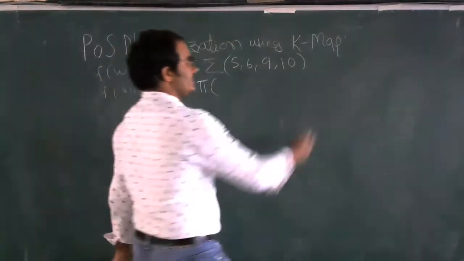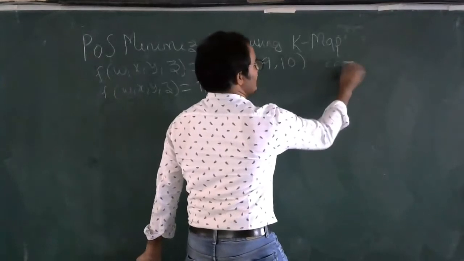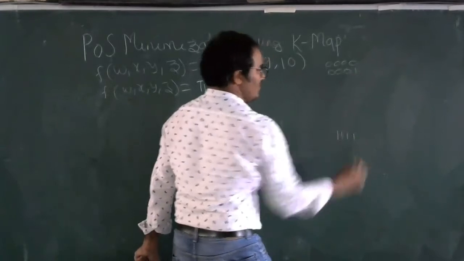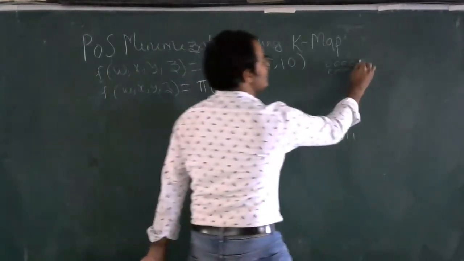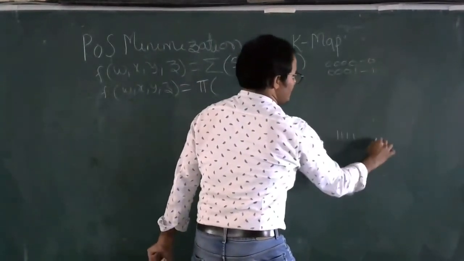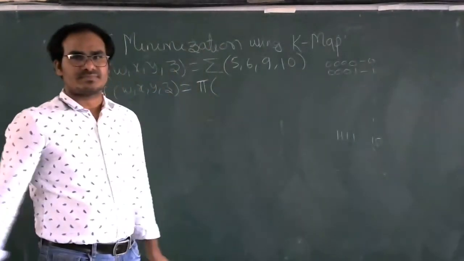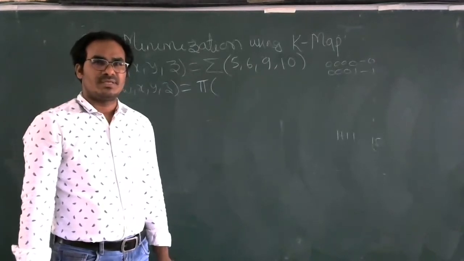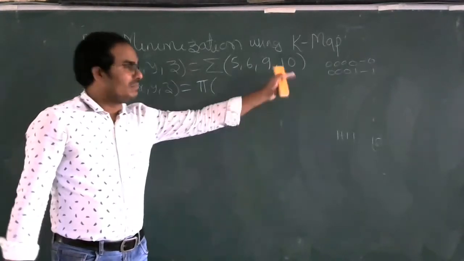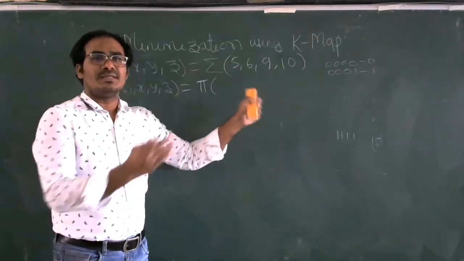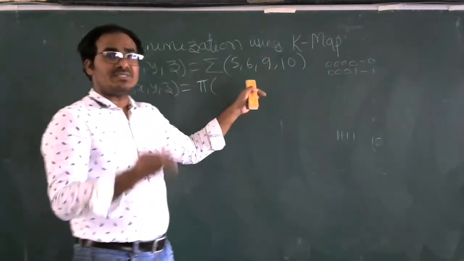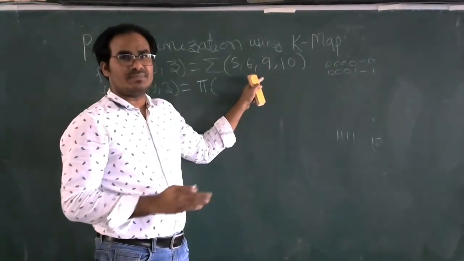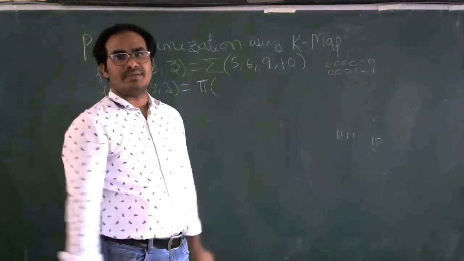They are 0000, 0001, and so on up to 1111, and the decimal equivalents are 0, 1, and lastly 15. To obtain the maxterms from the minterms, in these combinations, the combinations which are not minterms, the rest all will become the maxterms.